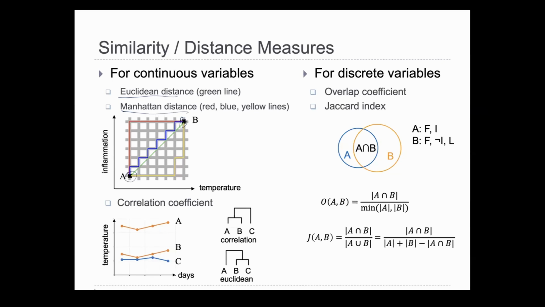In this case, if you take Euclidean distance, then B and C are the closest pair among these three, A, B, and C, right? But if you take correlation, that means if you look at the changes, A and B change in a similar way. In that case, A and B will be the closest pair if you take correlation.